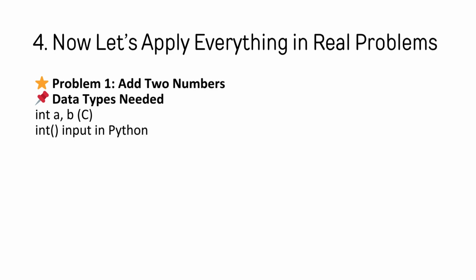That means a and b are two integer type variables, and it will end with a semicolon. We should remember that. In case of Python integer type input, we declare a is equal to int, first bracket, and b equal to int, first bracket.